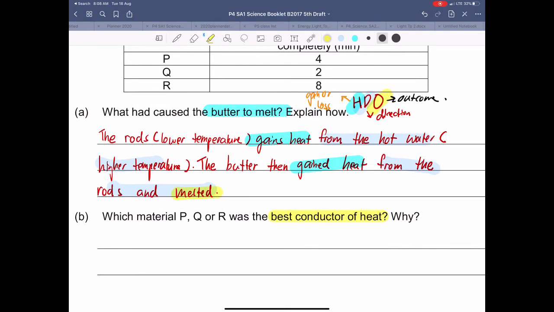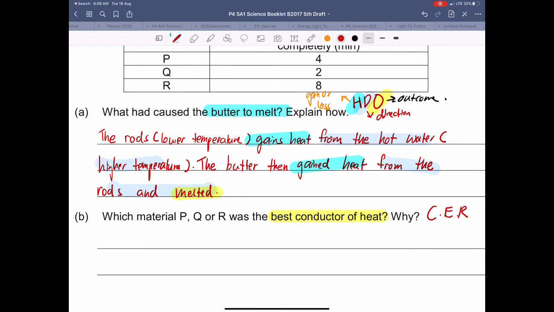So straight away, once again, they asked you which material PQR was the best conductor. Now this question is a bit of a CER also, if you realize, because once again, they are asking you to make a claim. They are also giving you data.